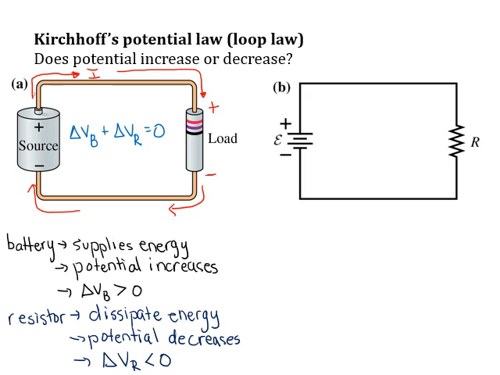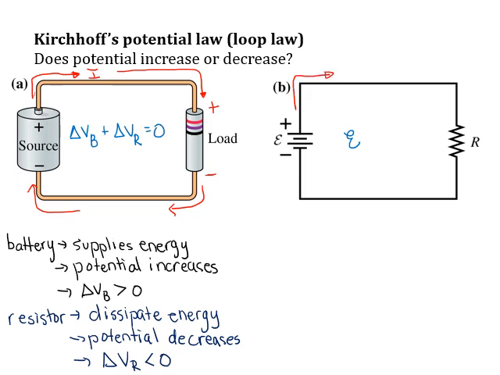So if we called the potential of the battery equal to epsilon, and we often do that, we would say epsilon, the potential of the battery, is equal to the change in potential of the resistor. From Ohm's law, we know that the change in potential across the resistor is going to be current times resistance.